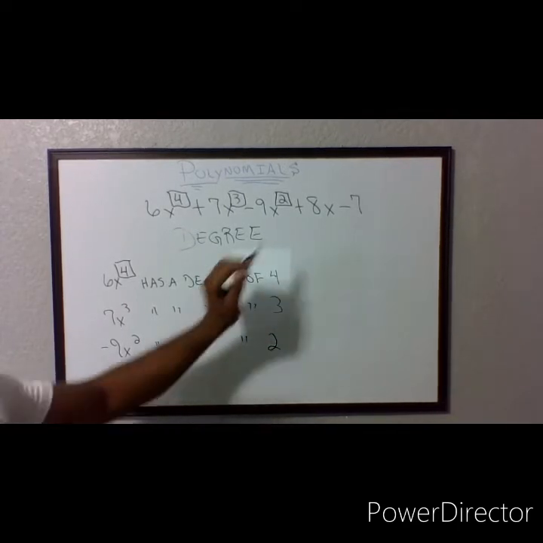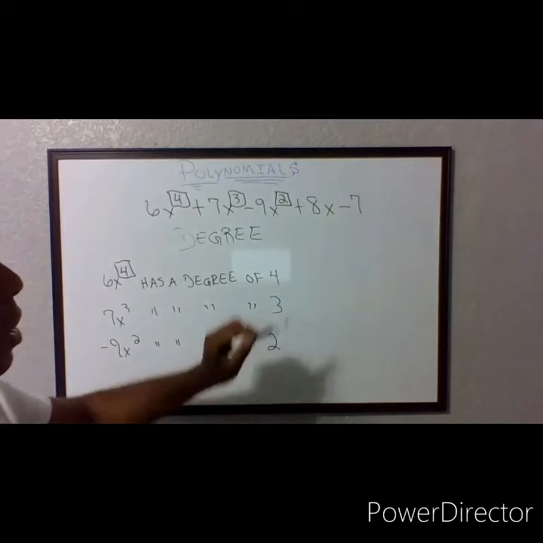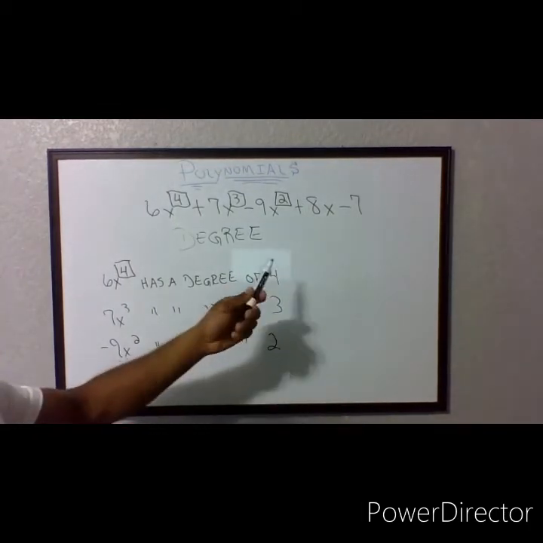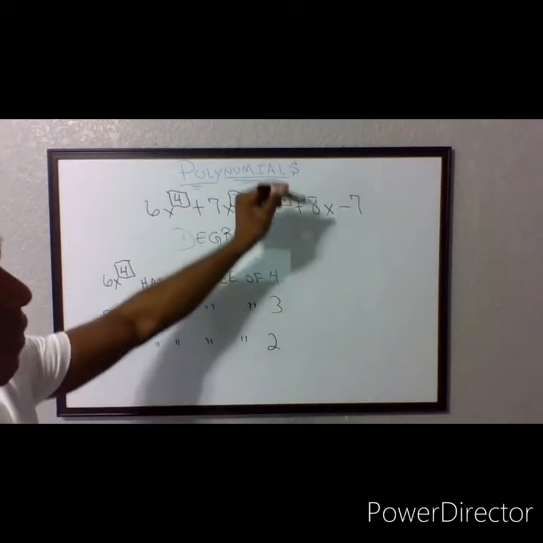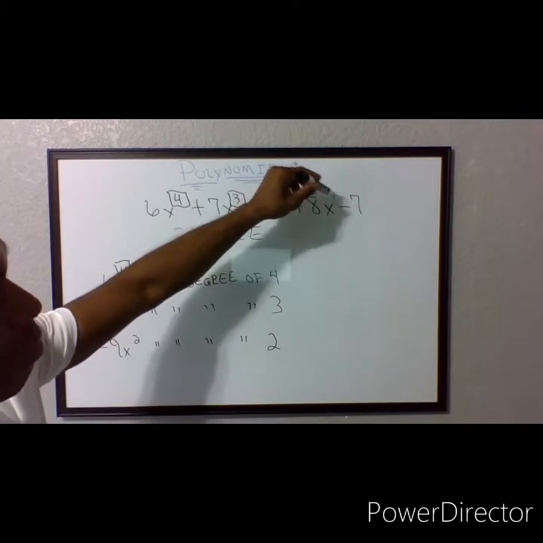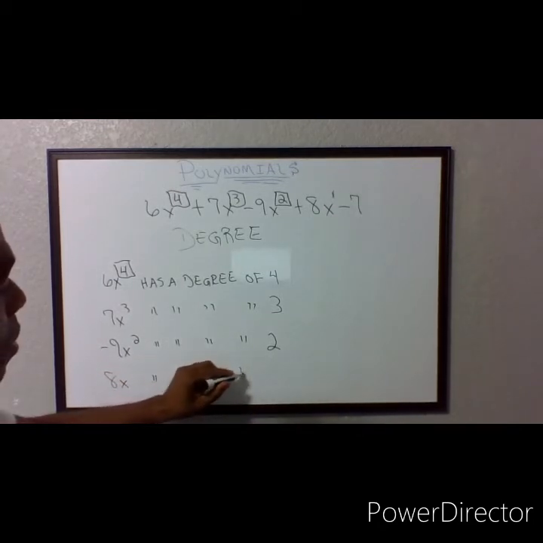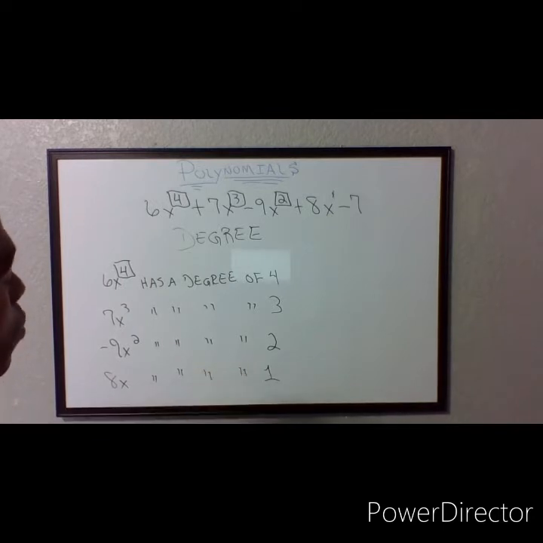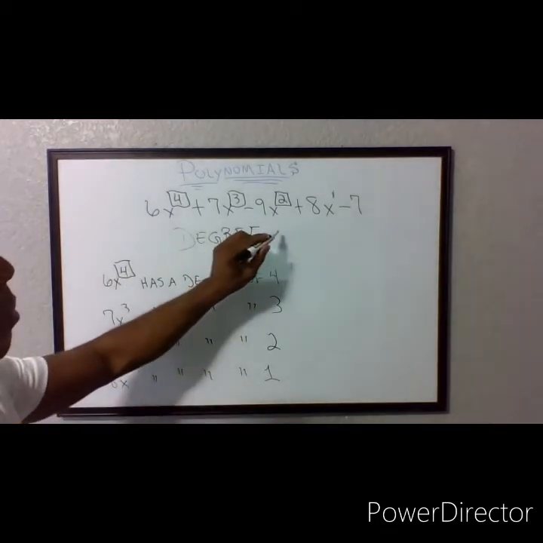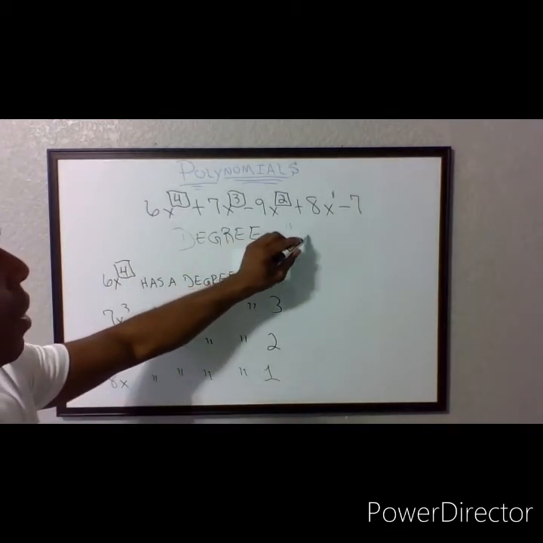And then looking at the last one, 8x, some of you may remember that if it's just by itself, the exponent could also be 1, but you don't necessarily have to write it. So 8x has a degree of 1. So that's pretty much all that is. The degree is just the exponent.